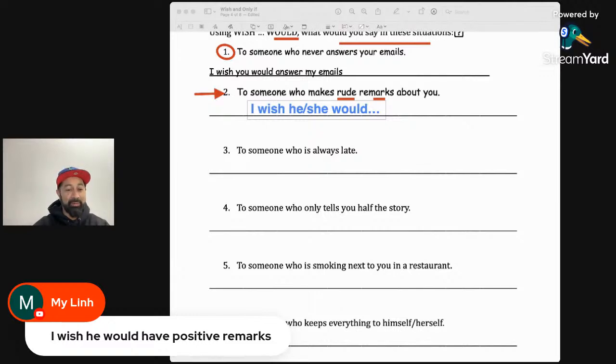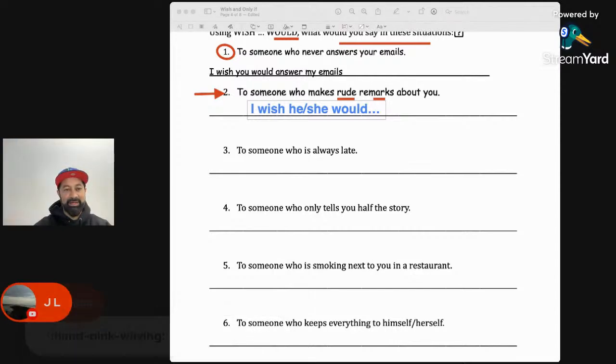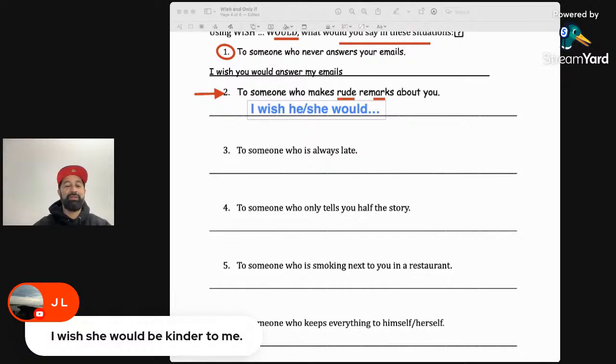Mylin, I wish he would have positive remarks. Perfect. Then hello, YC Japan. How are you today? JL, I wish she would be kinder to me. Nice. Perfect.